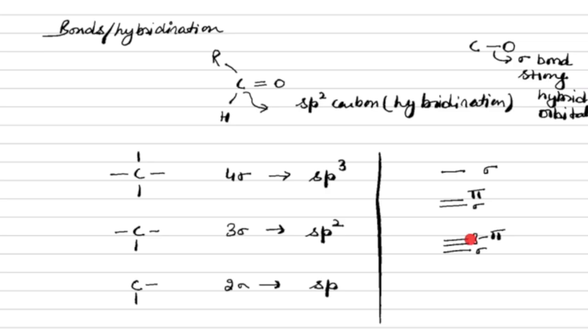In all the cases, there is one sigma bond and the others are pi. We discussed that a sigma bond is strong; you guessed it, a pi bond will be weak. Let's see how it is formed.